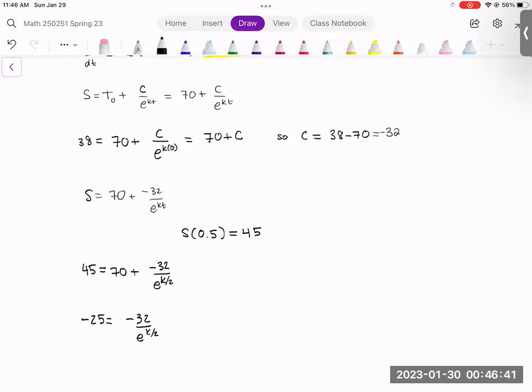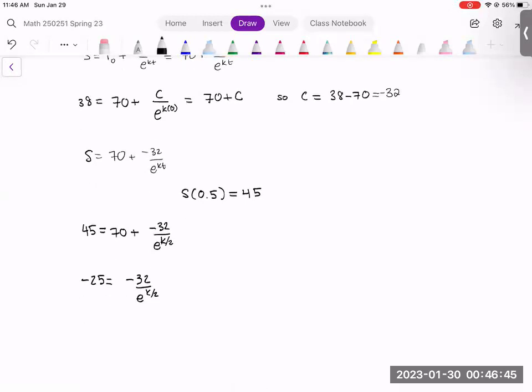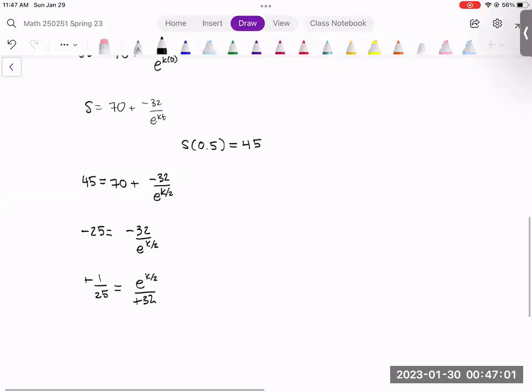We can take the reciprocal of both sides, and that gives us that negative 1 over 25 is e to the k over 2 divided by negative 32. We can drop these negatives because we've got a negative on both sides and solve for our exponential. 32 over 25 is e to the k over 2.